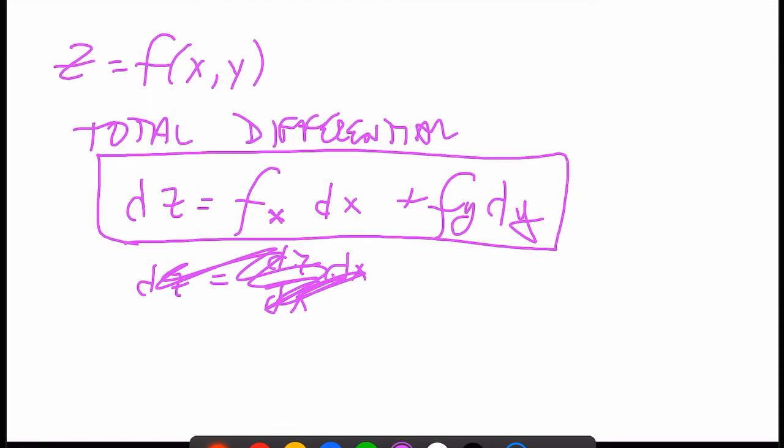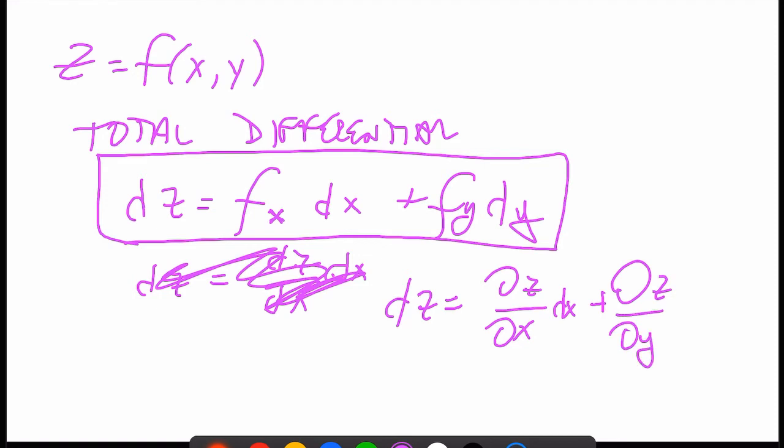Or you could say dz equals the partial of z with respect to x dx plus the partial of z with respect to y dy. And we can do that and create this amazing little formula.